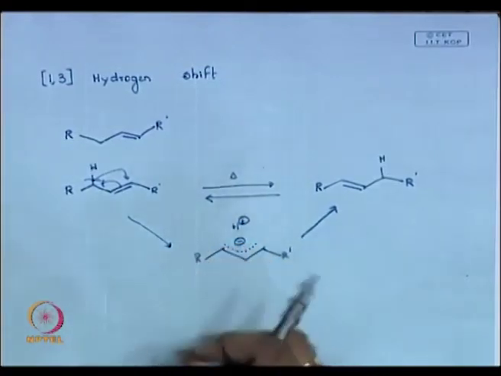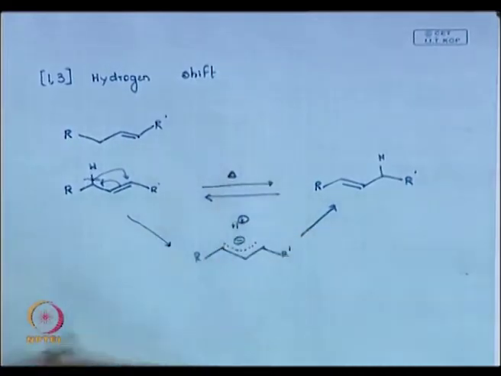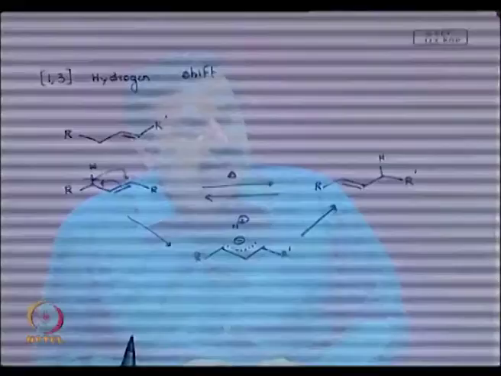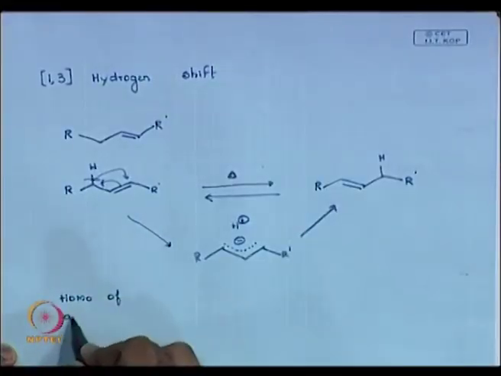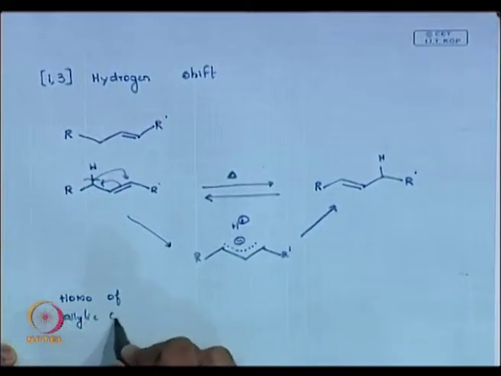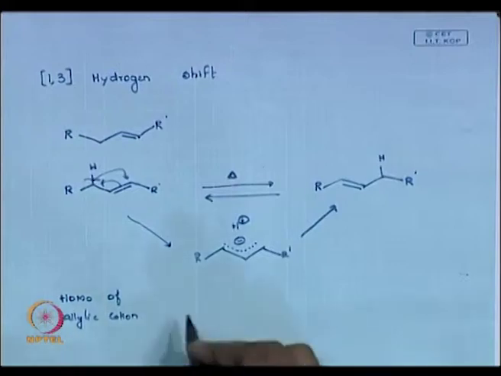So, we are concerned about heat. Which orbital will we be looking at? We will be looking at the HOMO of the allylic cation, right. Let us draw the HOMO of the allylic cation, how it looks.